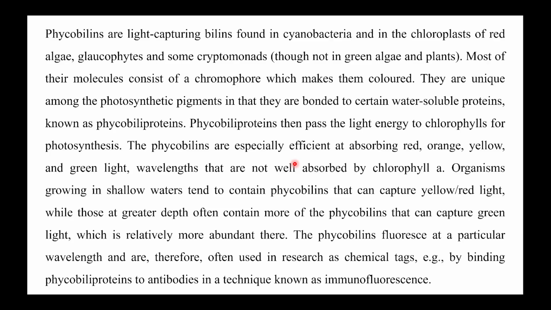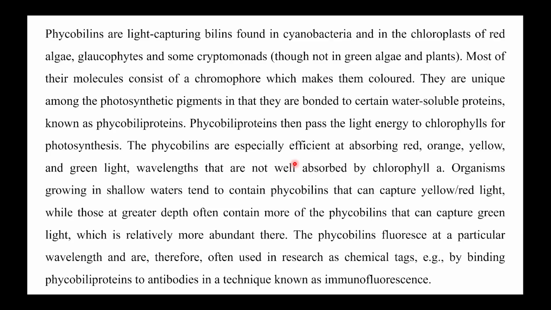So phycobilins are light capturing bilins found in cyanobacteria and in the chloroplast of red algae, glaucophytes, and some cryptomonads. So unlike carotenoids, phycobilins are not present in all organisms. Carotenoid is more ubiquitous in that sense.